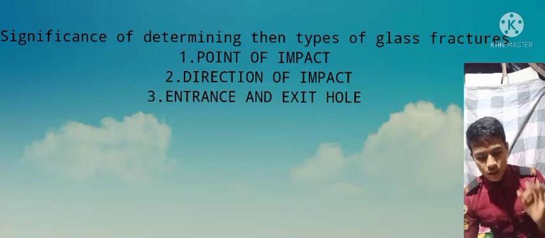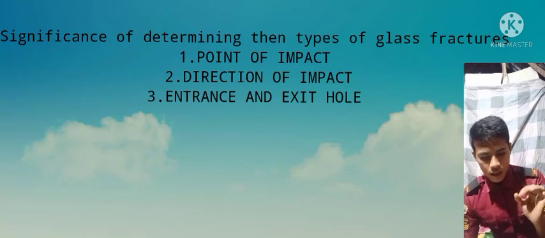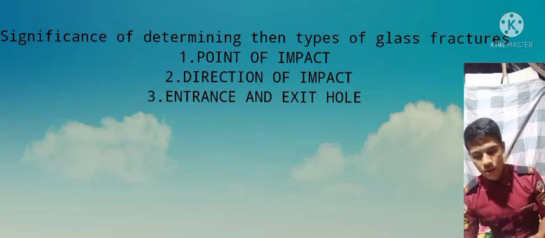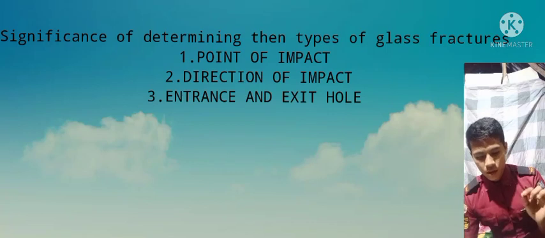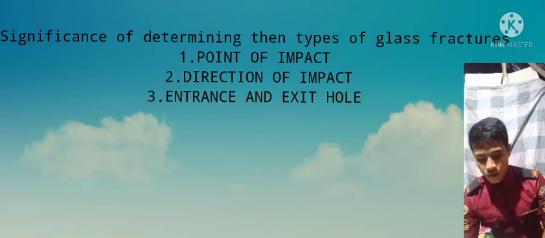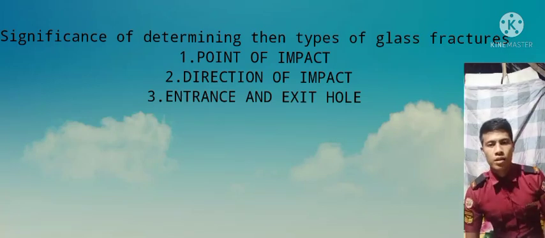The entry looks small, because the exit is bigger than the entry, for the reason that the force applied to the glass exceeds the desired force. Point of entry has a smooth hole, while the exit hole has the characteristic of roughness.